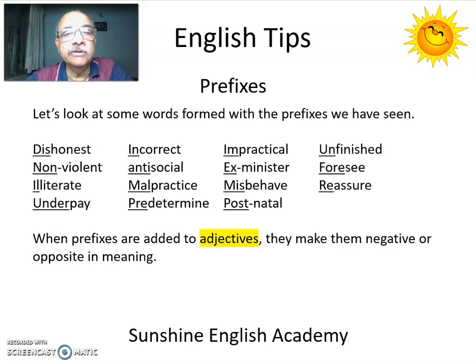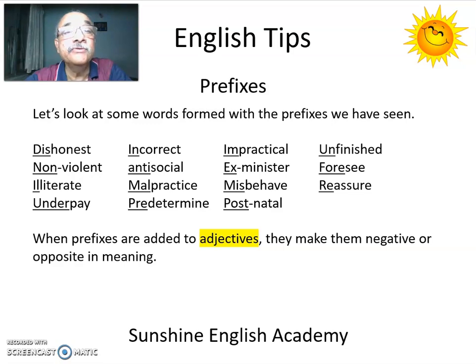Here are examples of words formed with the prefixes. Dishonest means not honest. Incorrect means not correct. Impractical, not practical. Unfinished means not finished. Non-violent means not violent.